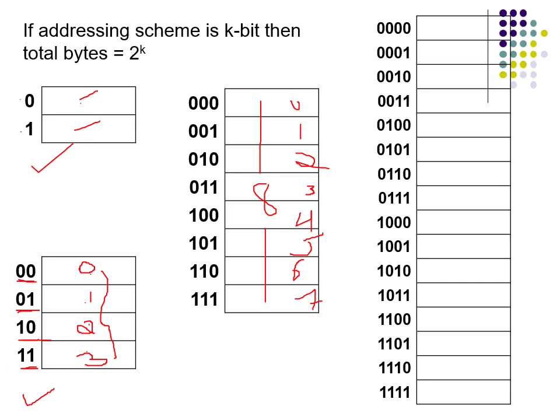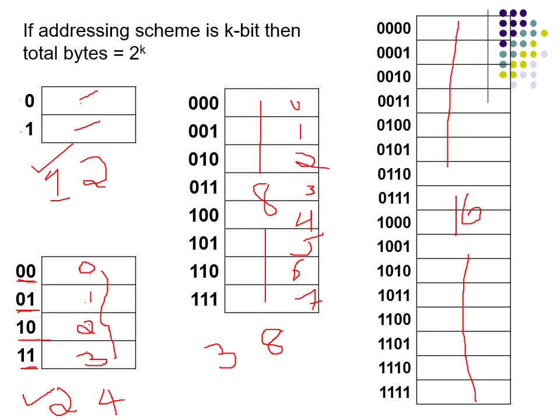Now look at here. Here there are 2 bytes and address had only 1 bit. Here there are 4 bytes and address has 2 bits. Here there are 8 bytes, 0 to 7 is the address, but while writing down in binary we needed minimum 3 bits. Similarly, here there are 16 bytes.